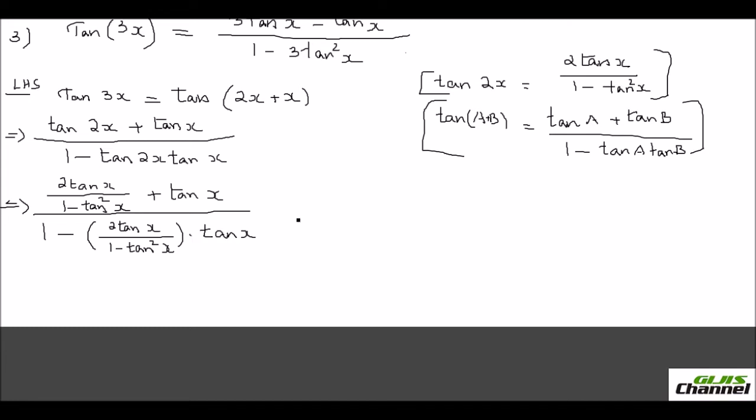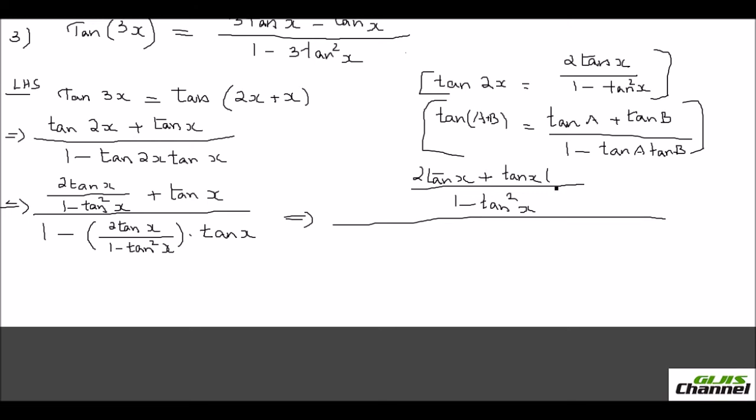Okay? So what happens to this? In the numerator, you have the big line over here, and in the numerator I would just take a common denominator as 1 minus tan squared x. Okay? And in this is 2 tan x, I write as it is, and it is tan x times 1 minus tan square x.